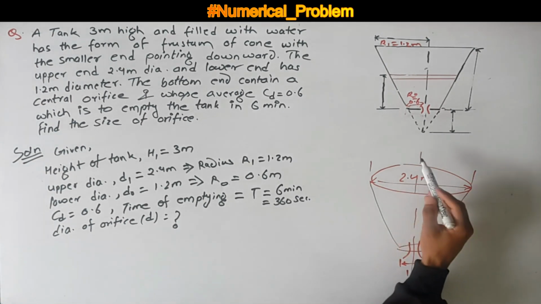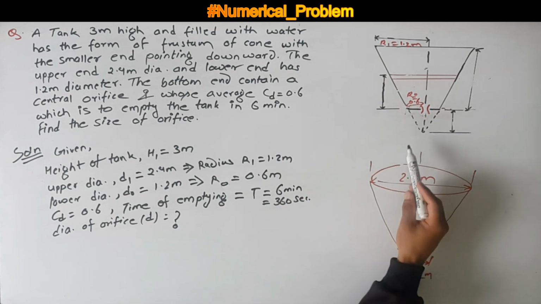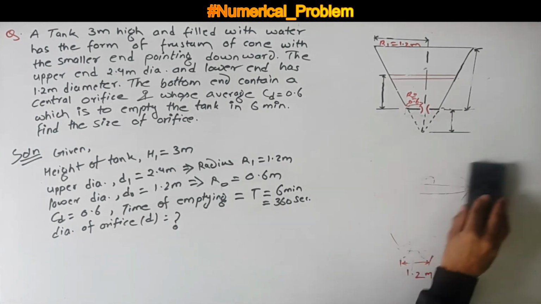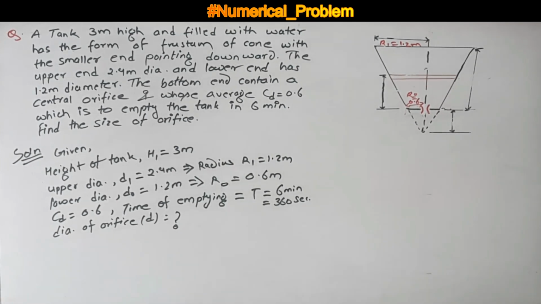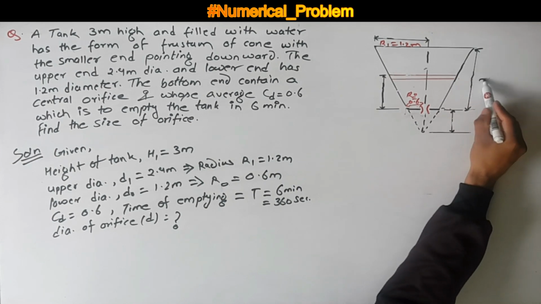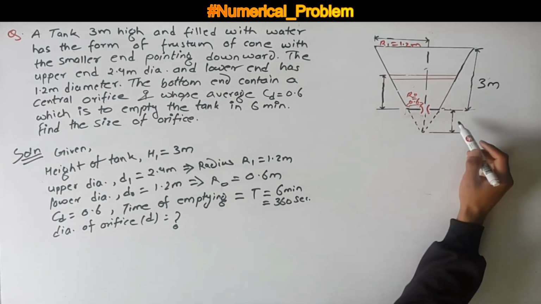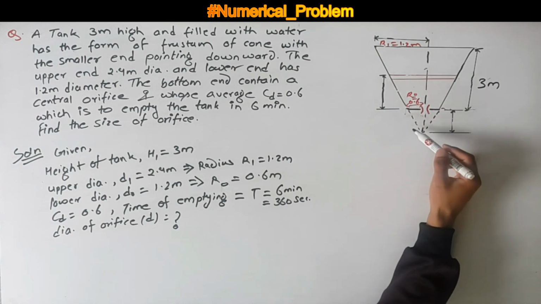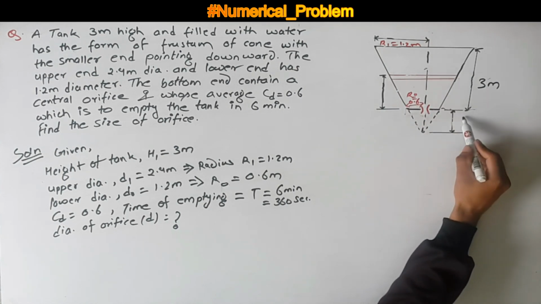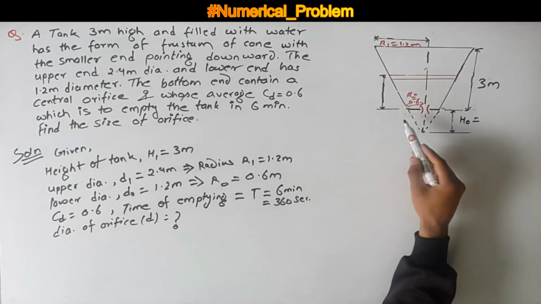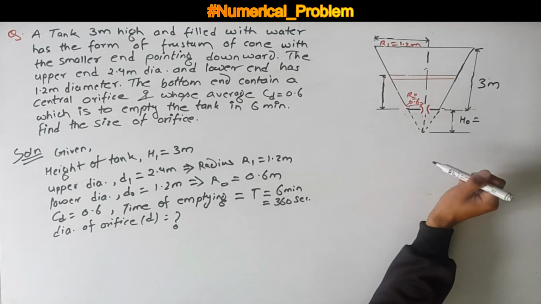It is easier to calculate all the required parameters from this 2D view. So we redraw this. Here we can write H1, this height of the tank. This is 3 meter. And radius 1.2 meter. This is 0.6 meter. And we can calculate this height. Let this be H0. How to calculate this H0? We use the similar triangle concept here.